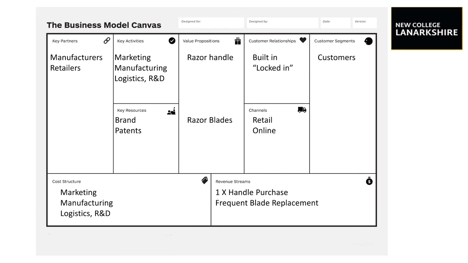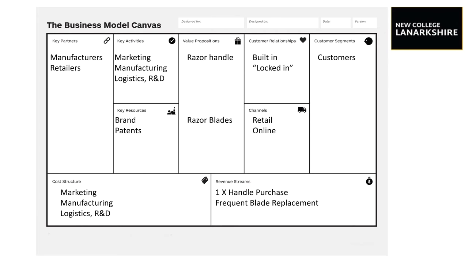You've then got the key activities, which is manufacturing, marketing, logistics, and research and development. Now obviously research and development is highly important because it's all about continuous improvement. What you want to make sure is your blade is unique and is always the best blade on the market. You've then got key resources, which is brand.